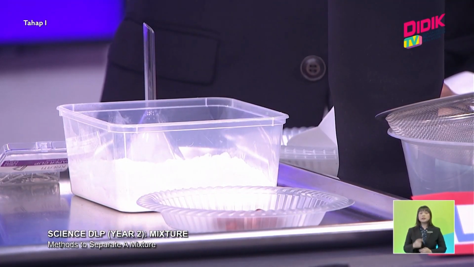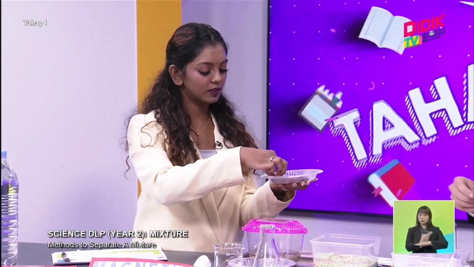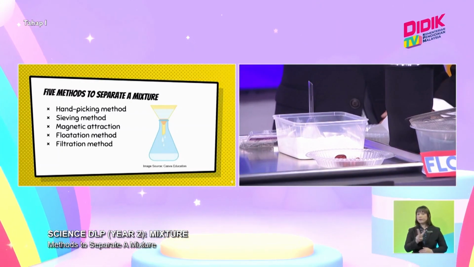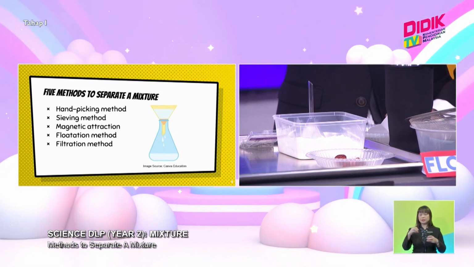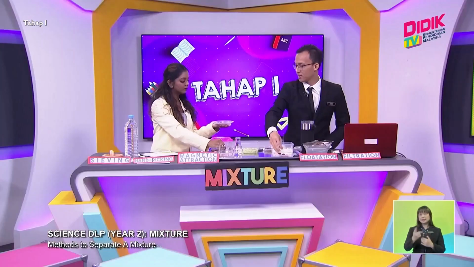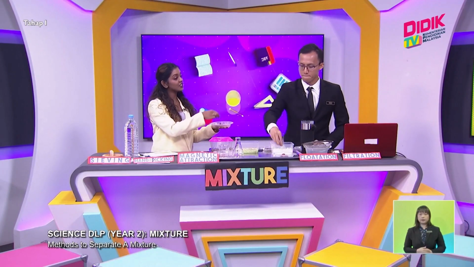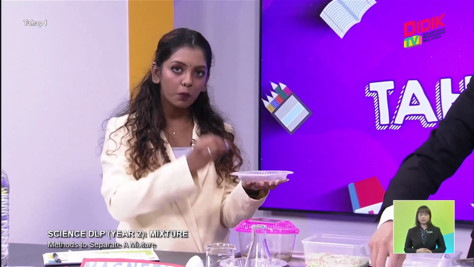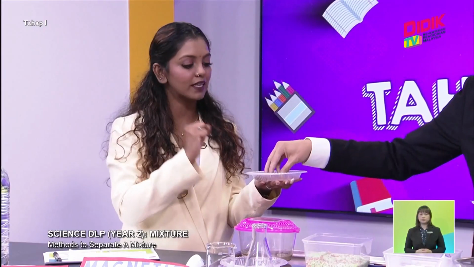The reason why we are using the handpicking method is that both goji berries and the red dates are large in size and they have different shapes, so we can easily identify them. Basically, because they are larger in size and easier for us to identify by shape, it's easier for us to handpick.